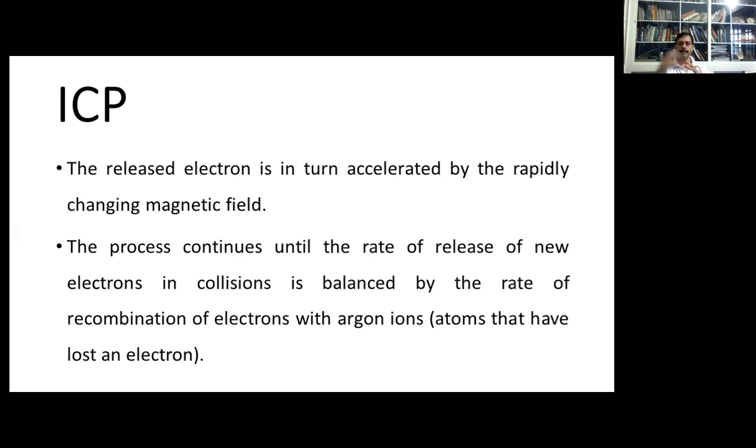For this, electrons should again combine. That is known as recombination of the electrons. So this process of generation and accelerated movement of ions and electrons will continue until the rate of release of new electrons in collisions is balanced by the rate of recombination of electrons with argon ions.